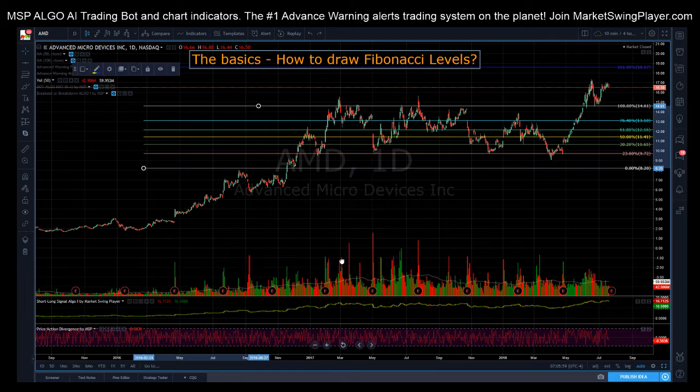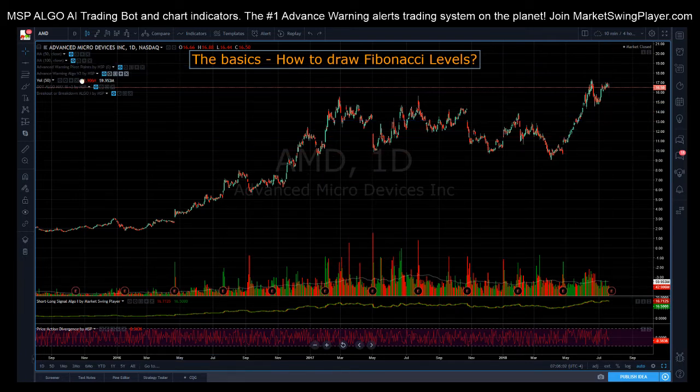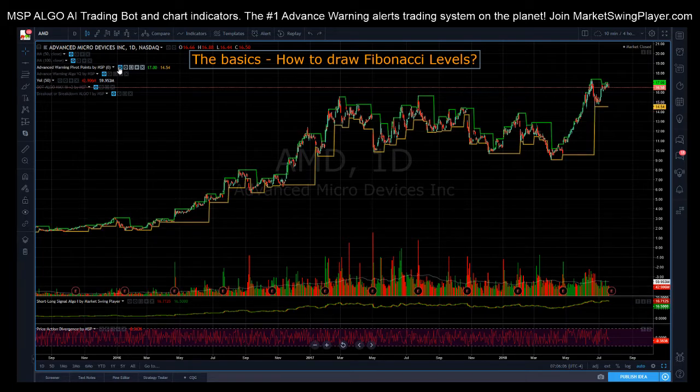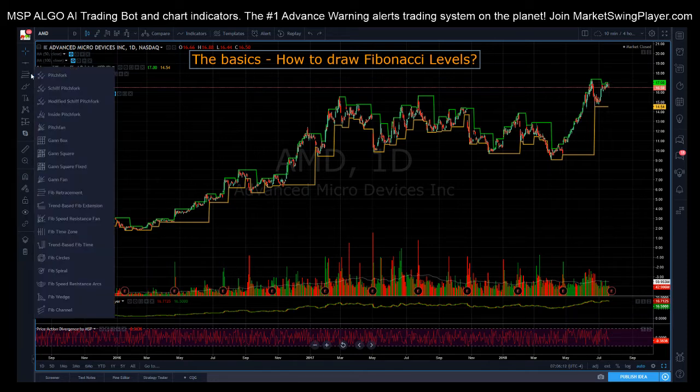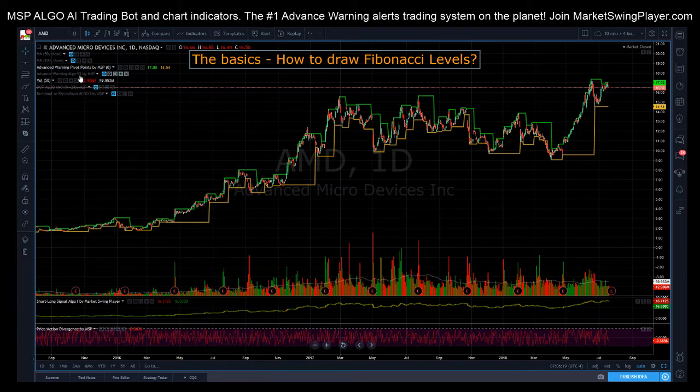Another way I do it is by using advanced warning pivot points. So there go my pivot points on this daily. So I just look at a pivot high and a pivot low, and I'll draw my lines. Let's look at another chart.